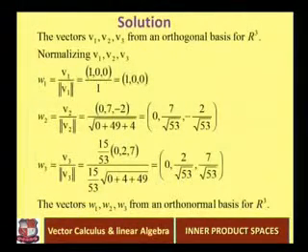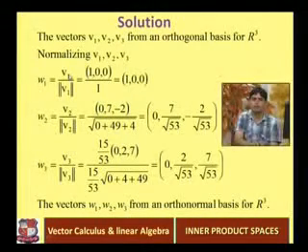Now we convert this orthogonal set to an orthonormal set. For that, we convert the orthogonal set into an orthonormal set by normalizing. We divide each vector by its norm: w1 equals v1 upon the norm of v1, that is (1, 0, 0) upon 1, which equals (1, 0, 0).